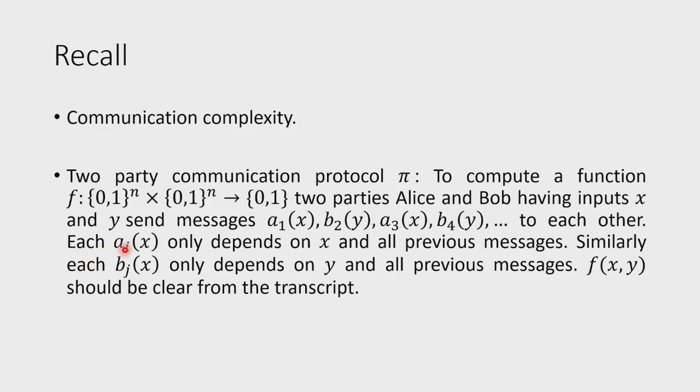Now, each message sent by Alice, that is a_i, only depends on x and all the previous messages. Similarly, each message b_j sent by Bob depends only on y and all the previous messages. Finally, a protocol computes f if the value of f(x, y) is clear from the transcript of the communication.